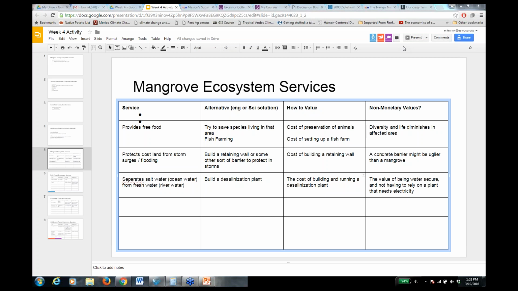Because there's a danger that you find a really good replacement for one service, you put it in place, but then all these other services go unserved, and other people end up suffering because of that. So it's an interesting challenge for integrated decision making across different groups of people who are trying to address some of these losses.